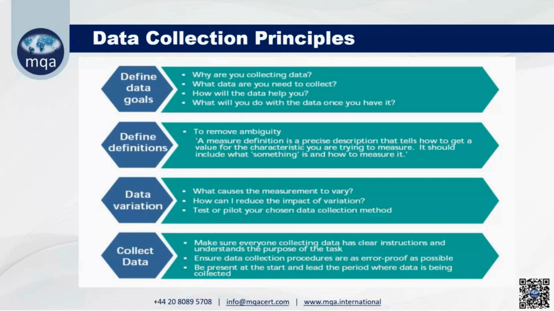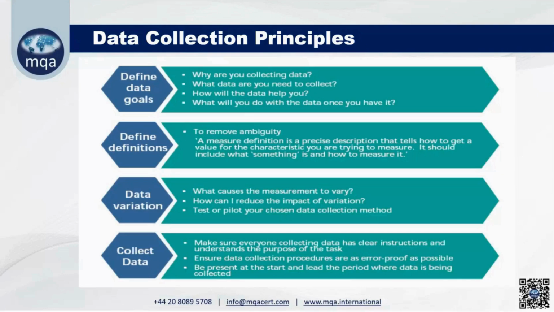So a measure definition is a precise description that tells you how to get the value of the characteristic you are trying to measure. We should know the characteristics of the parameter we want to measure. It should include what is to be measured and how to measure it.